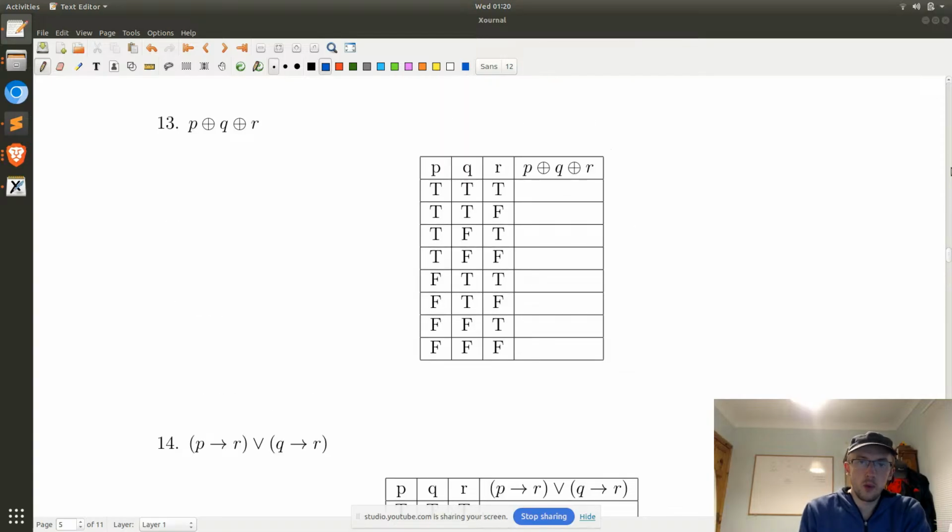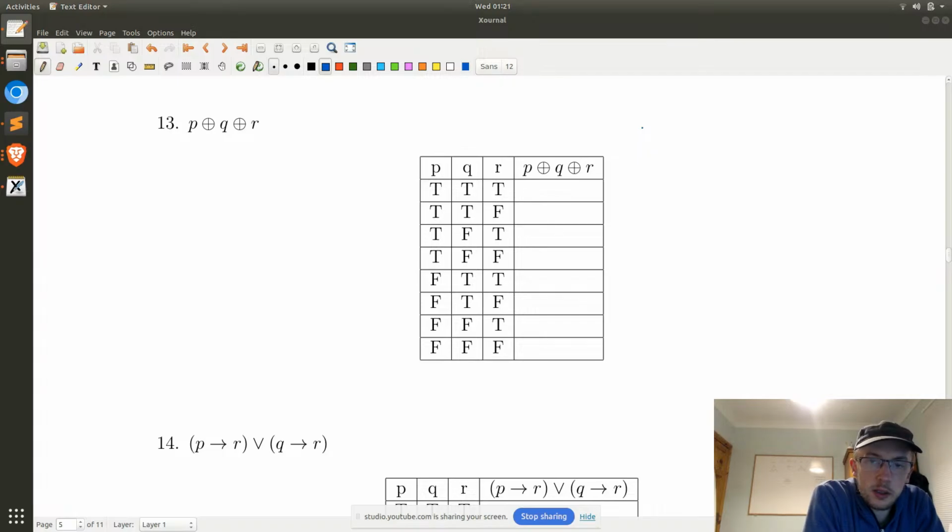Now we have XOR. Now I don't know how this works. Presumably it's associative based on what they've done now. And perhaps this is sort of like the truth table as a proof of the associativity of it. But anyway, how does it work?